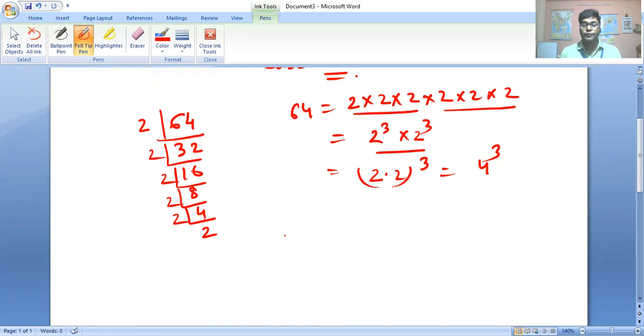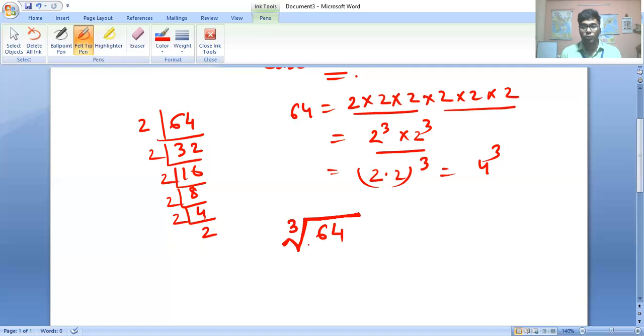But here, if cube root comes, now what is a cube root? Cube root of 64 would be represented like this. In this term, we have 3.